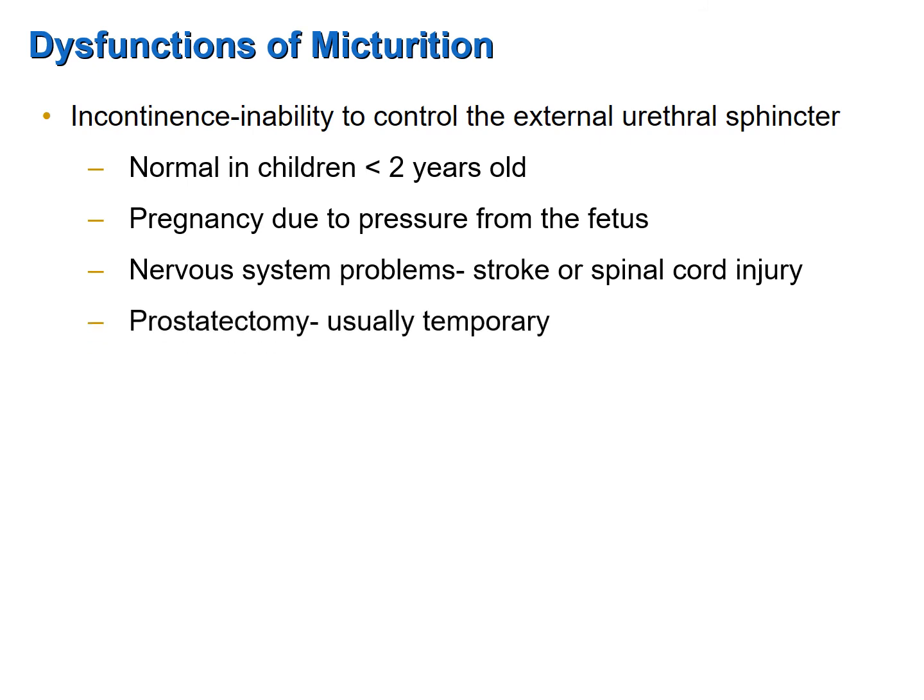And lastly, removal of the prostate or even radiation therapy to the prostate can cause incontinence. However, in most cases, it's temporary, with most control or total control returning within a year after the procedure.